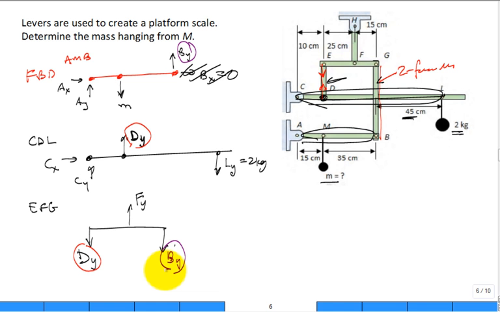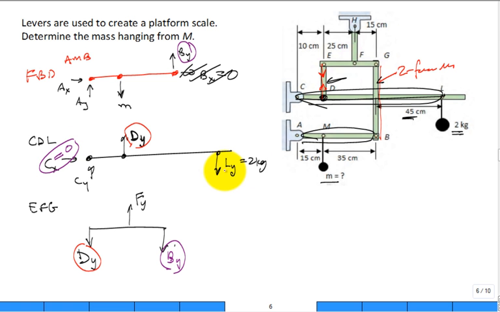Okay. What is going to be Cx equal to? Why is Cx equal to 0? Sum of the forces in the X direction on that member CDL, and you're done. All right?